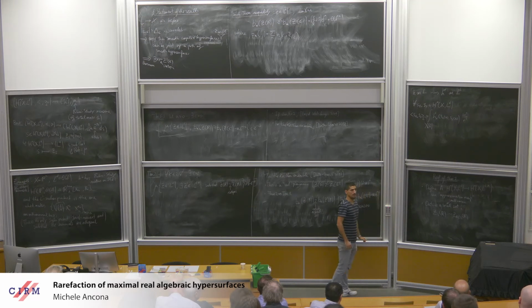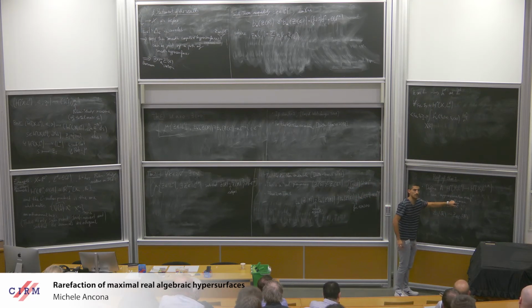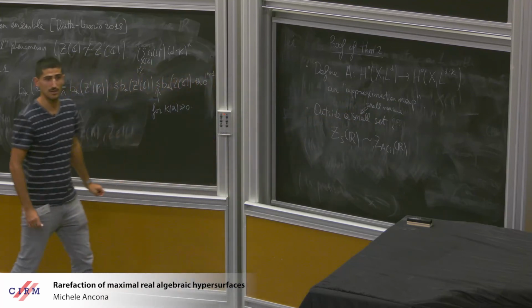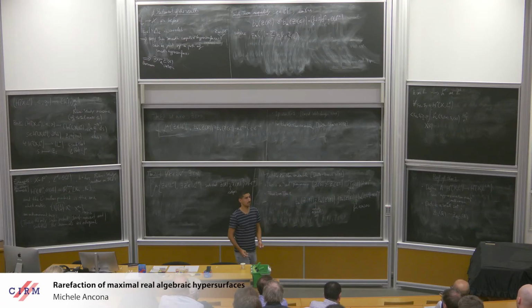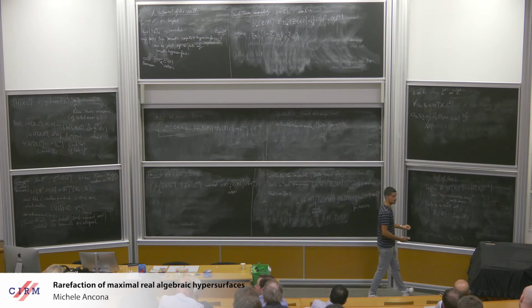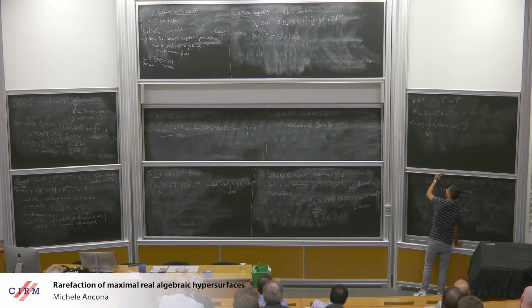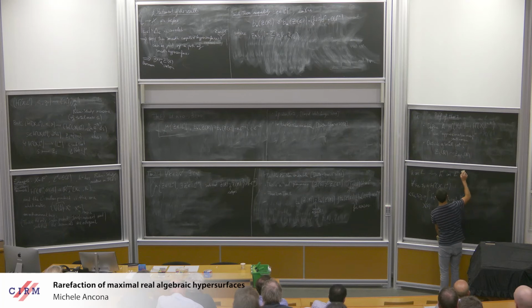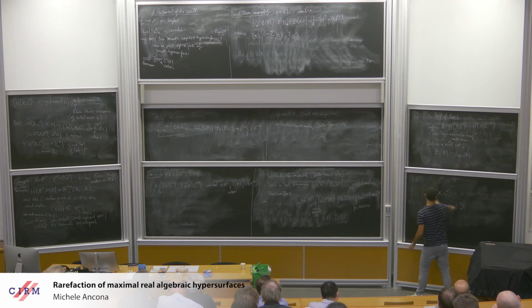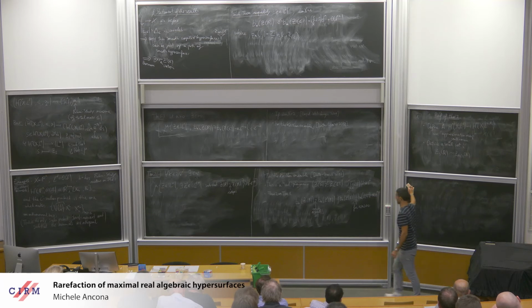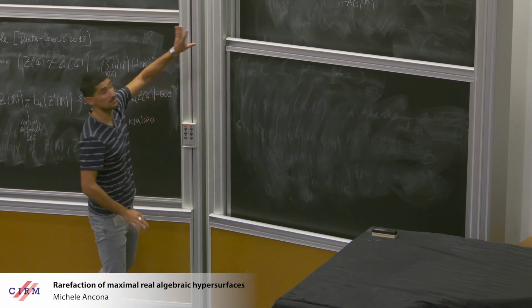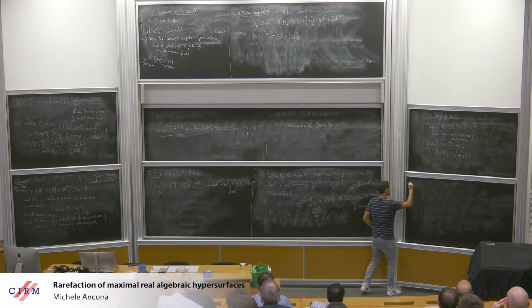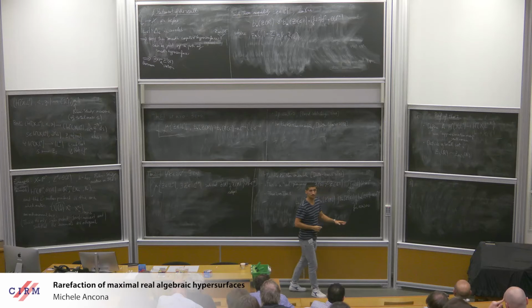So of course it's very important to remove some set because it's not true in general. But from a measure theory point of view, these sets that we remove are very small. So this is the general idea. So I will give some details.